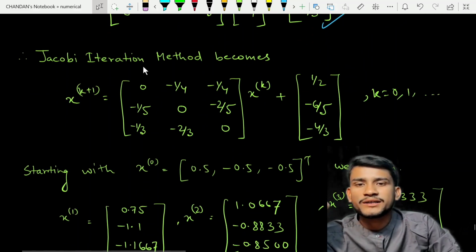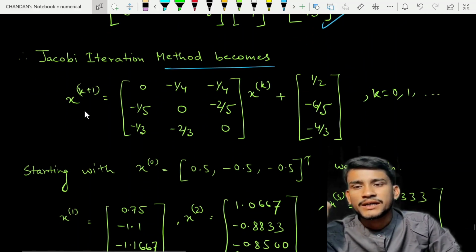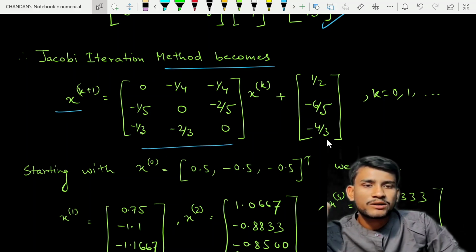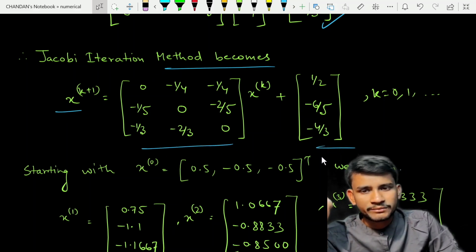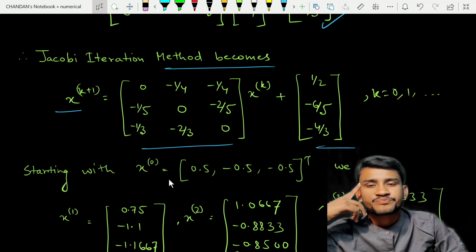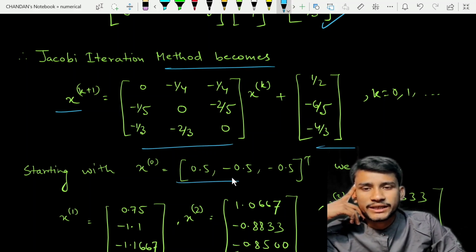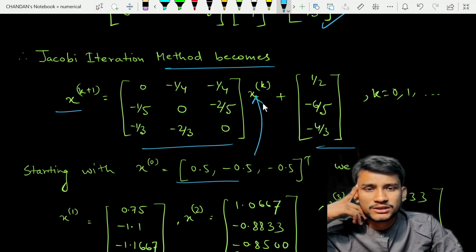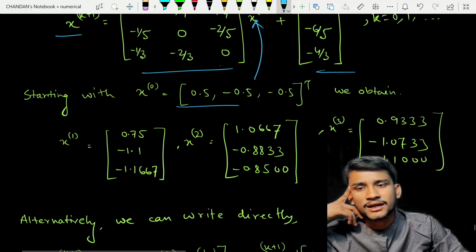So the Jacobi iteration method becomes x^(k+1) equal to A x^k plus C, where C is D inverse B. Now, starting with x0, the initial vector, we put its values here to get the first iteration.